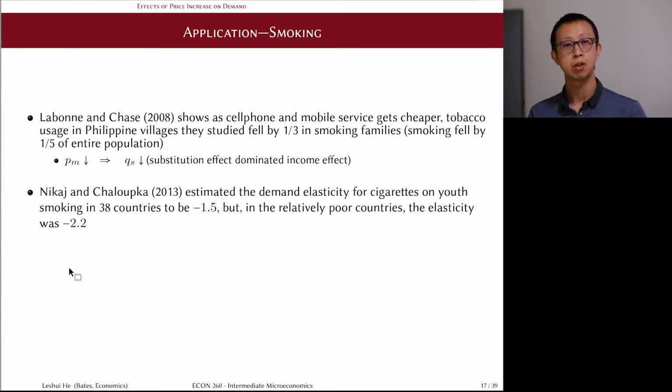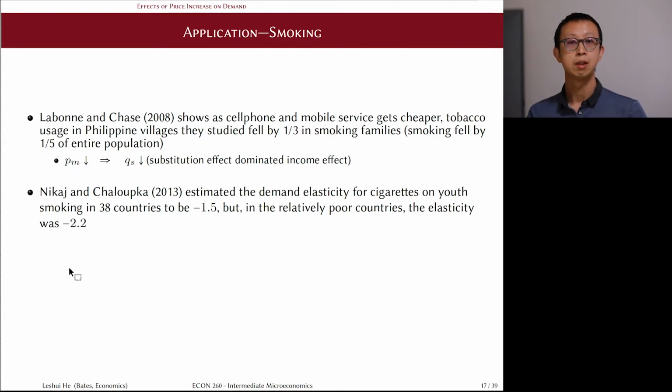But the same $10 increase is going to bite hard into someone's budget in a developing country. So we would expect the income effect to be stronger for those with a lower budget. So the overall effect is stronger due to a stronger income effect in poorer countries.